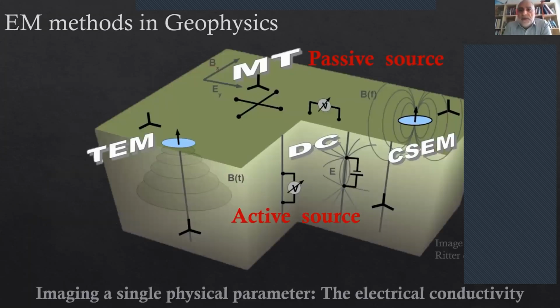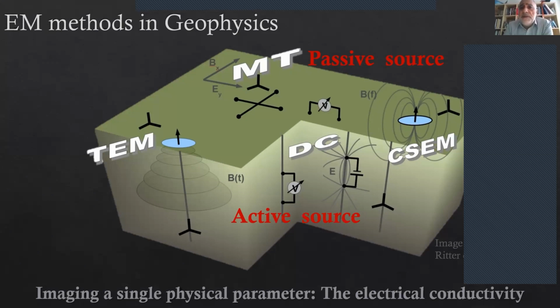Magnetotellurics, which is the main topic of this webinar, is part of the other electromagnetic methods in geophysics. As you can see from this chart, there are a few electric and electromagnetic methods, and all of them are applied to image one single physical property of the subsurface, namely the electrical conductivity.